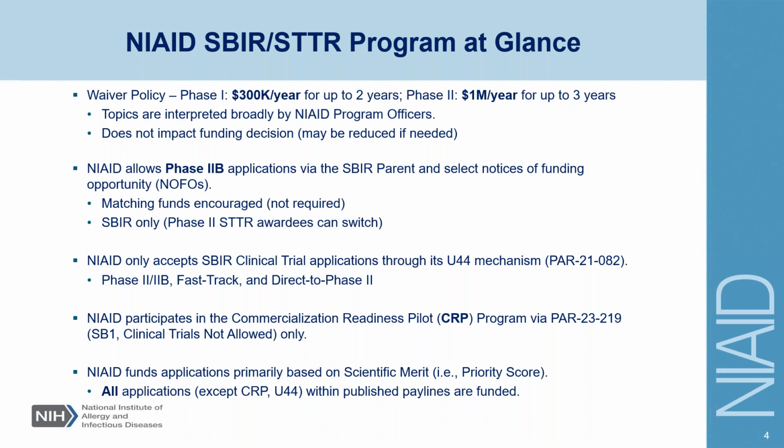Also, the limitation of subcontracting percentage is more flexible as compared to traditional Phase 2, Phase 2B awards. For funding decisions, NIAID funds applications primarily based on scientific merit, which is your priority score. All applications except for CRP and U44 within published paylines are funded.